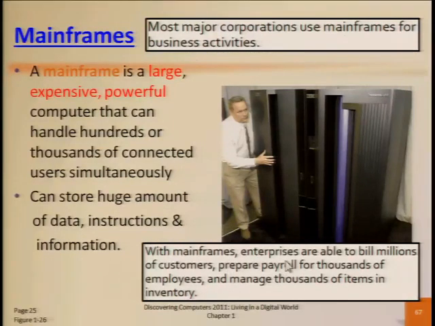With this mainframe, the enterprise will be able to bill millions of customers, prepare the payroll for all the employees, and also manage the inventory control, right? They have a lot of products to sell or to receive, so they need a big computer to process the orders, right?